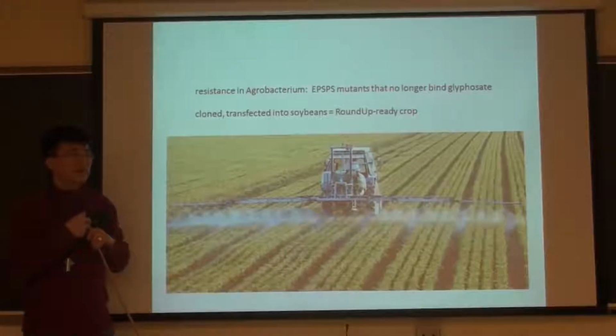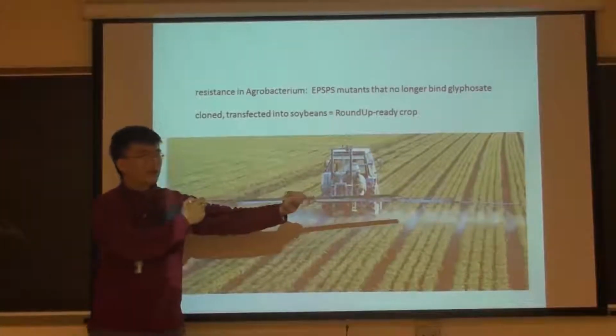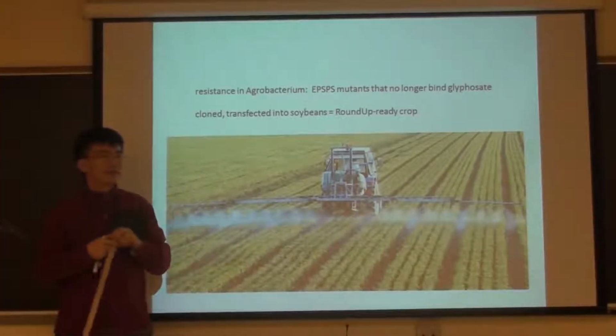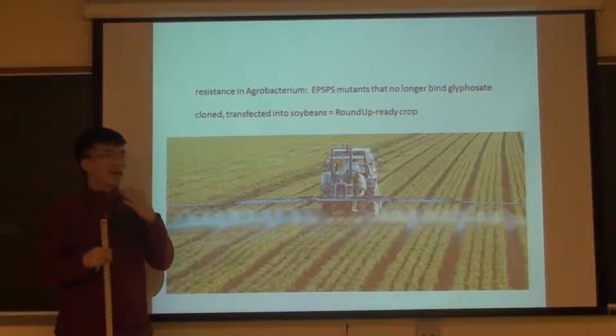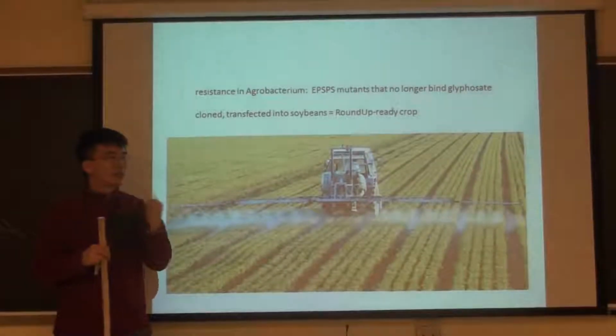That means you can spray Roundup in your field just once, and it kills everything else except your soybean. In fact, I know how difficult it is to kill weeds because there are many different kinds of weeds.